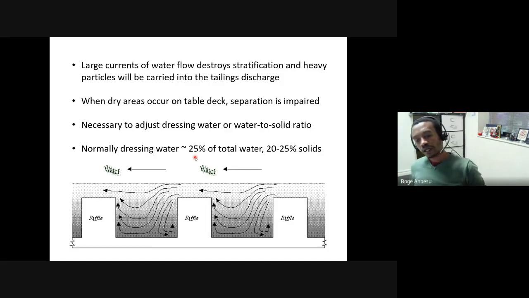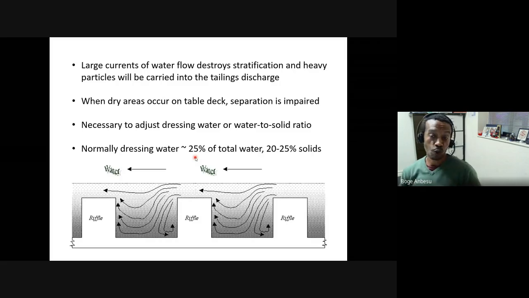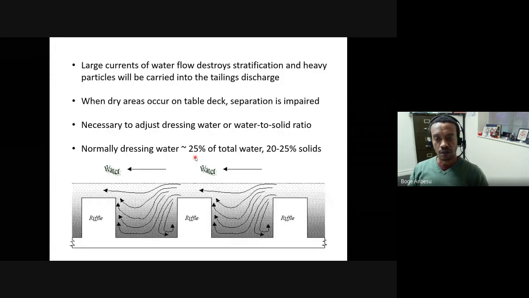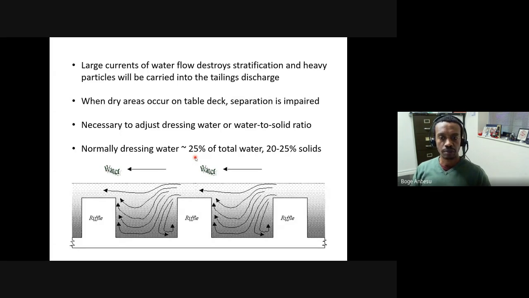So that's feed rate. And also, as I say, we also add wash water, and therefore how fast the water flows on the table or how slow the water flows on the table will also contribute to the overall performance of a shaking table. So again, as much as possible, there should be no dry area on the table, because water actually helps with stratification.